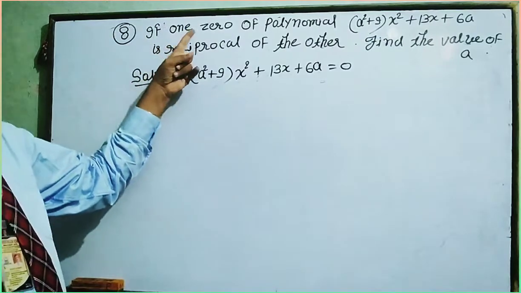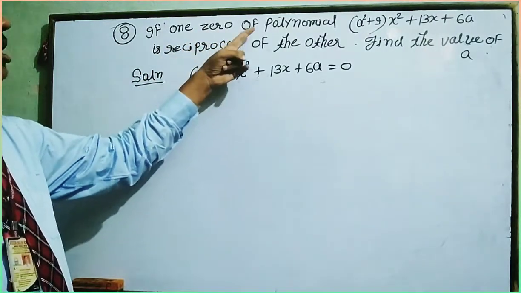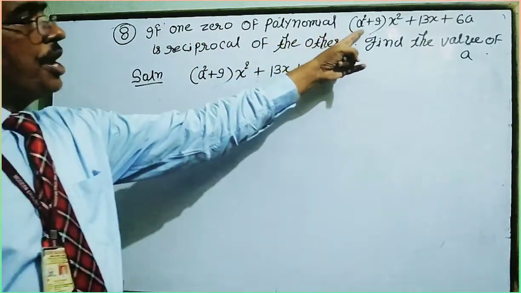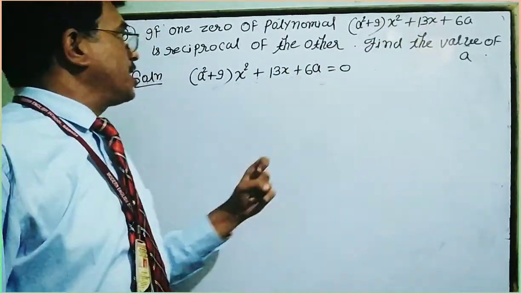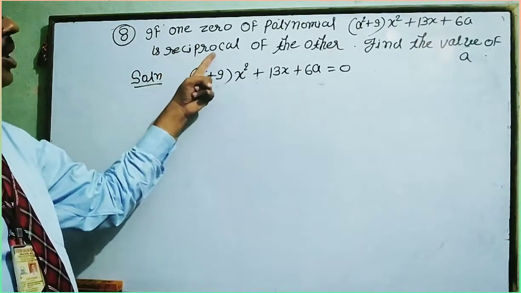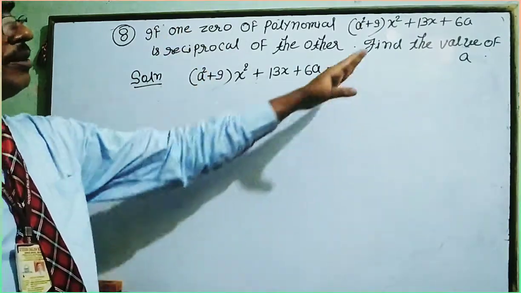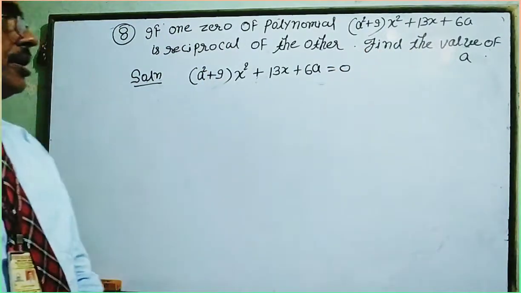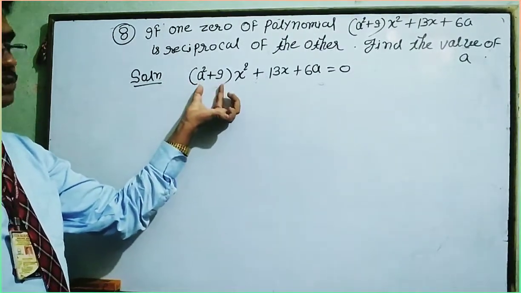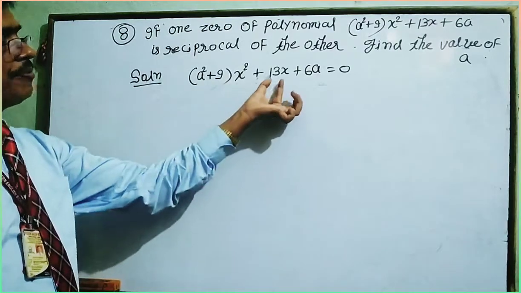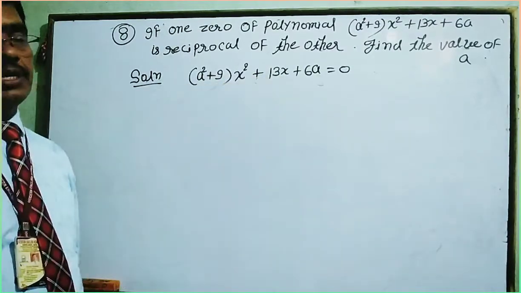If one zero of the polynomial a square plus 9 x square plus 13x plus 6a is the reciprocal of the other, then find the value of a. Dear student, the polynomial is in the form of a square plus 9 x square plus 13x plus 6a.